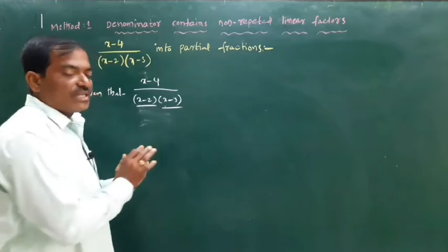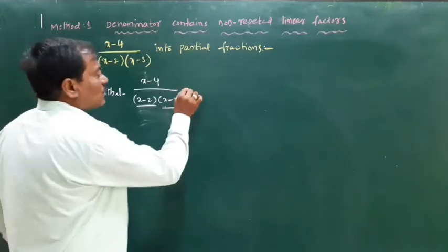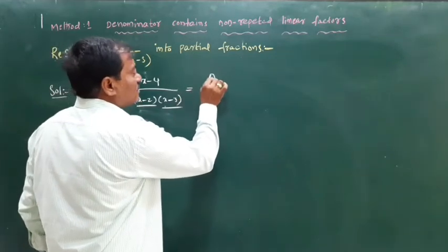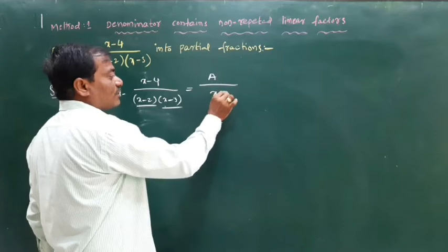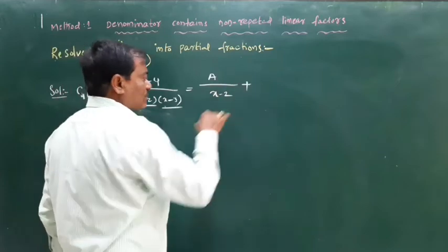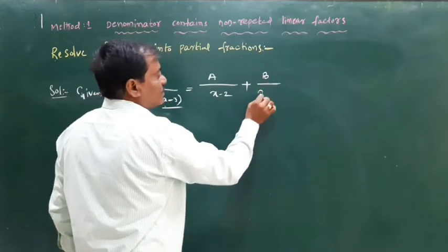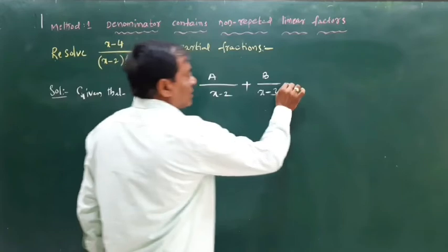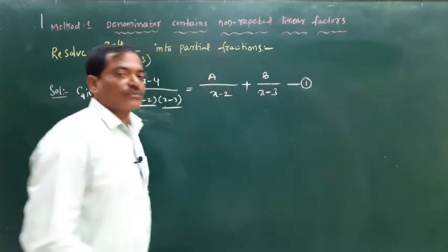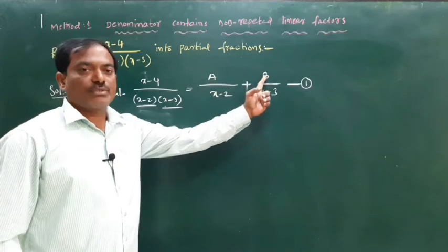So if g of x contains non-repeated linear factors, it can be written as capital A by the first linear factor x minus 2, plus capital B by x minus 3. Giving this a number, this is equation 1. Then we have to find the values of capital A and capital B.